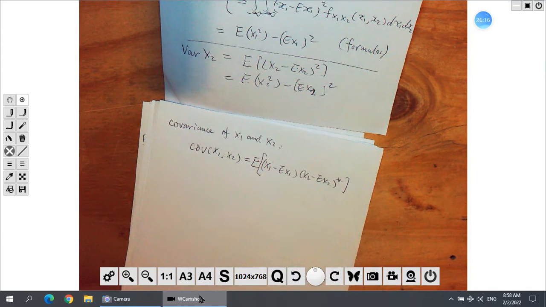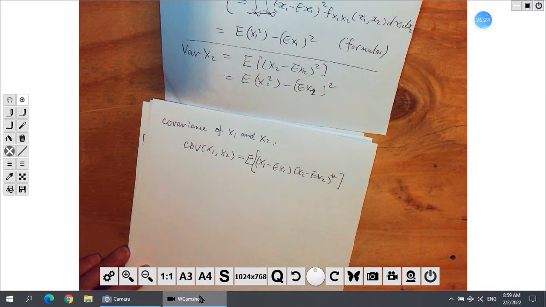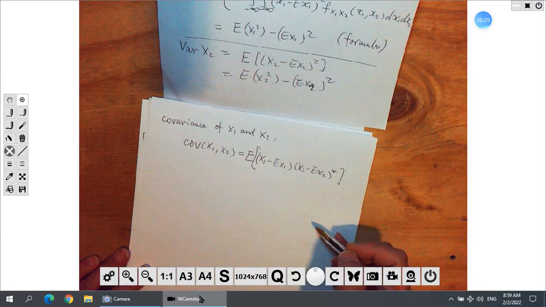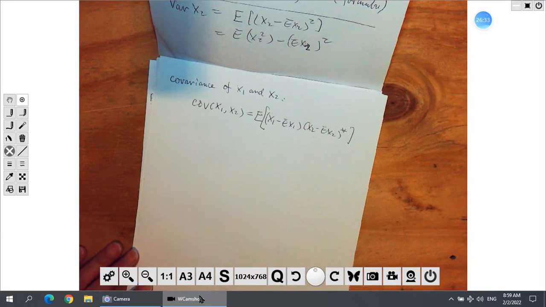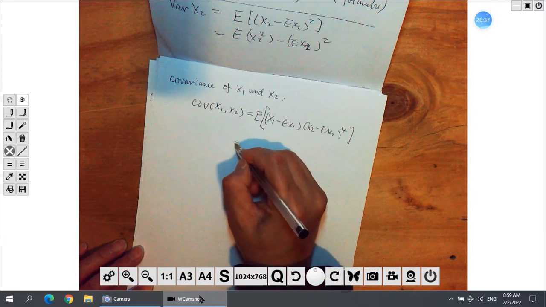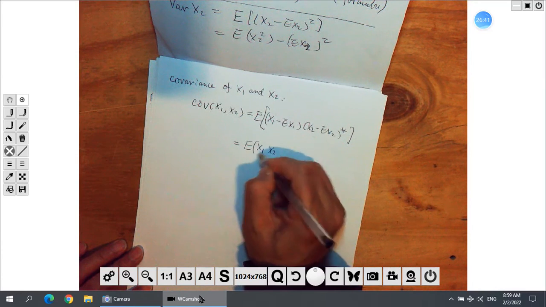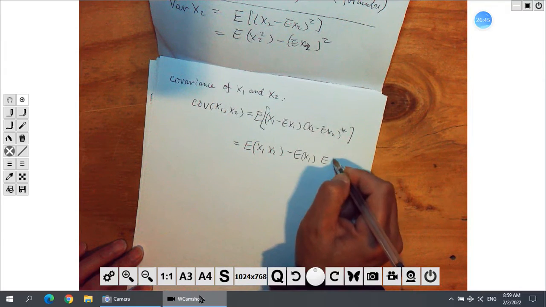Alright, it's like this. Yeah, we can write it in this way. If it is a real case, then it doesn't matter, right? This is the covariance of x and y. And then we can have a formula. This is E of x1 x2 minus E of x1 times E of x2.